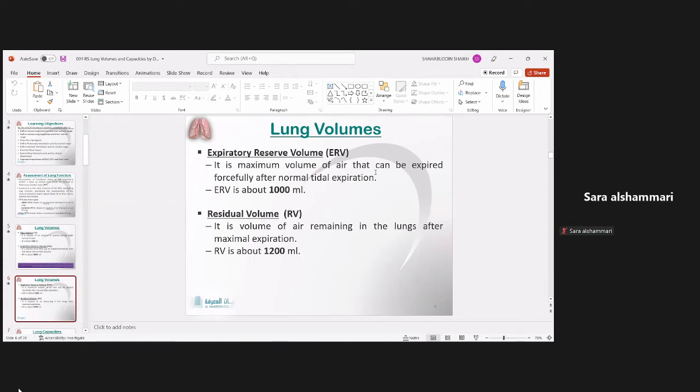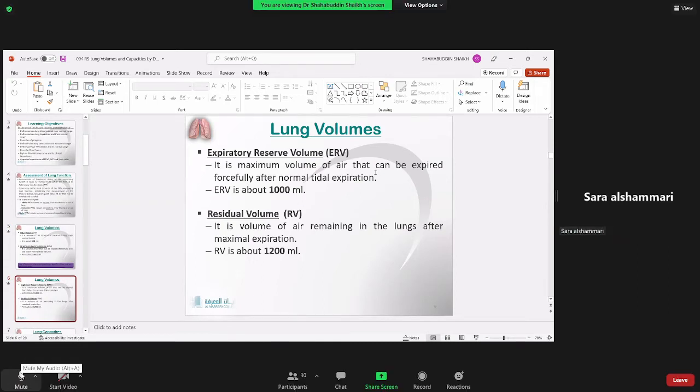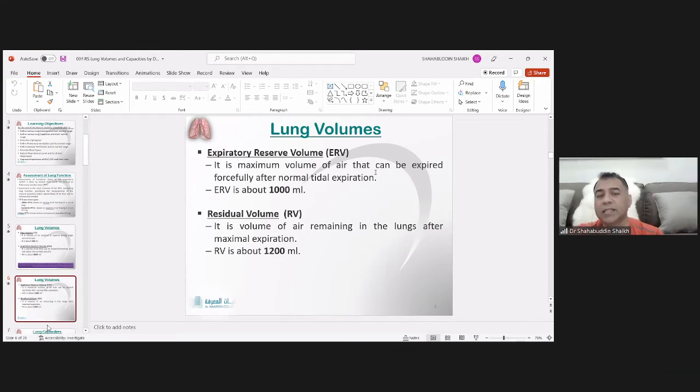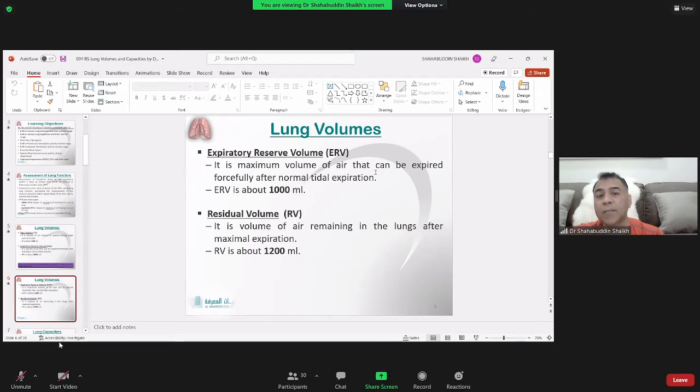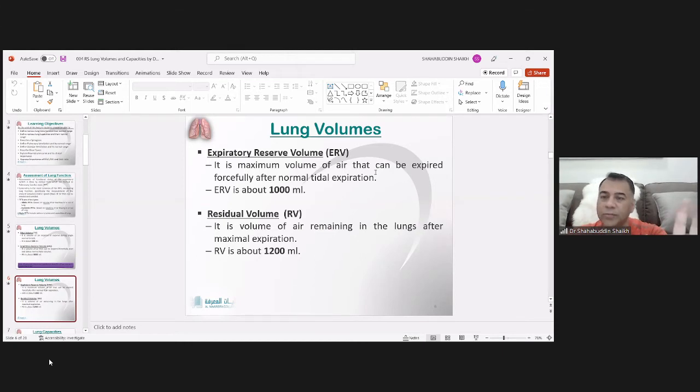What is residual volume? The amount of air remaining in the lung after maximal expiration is called residual volume. The amount of air remaining in the lung after normal expiration is called functional residual capacity. Remember, both sentences are the same, with one word of difference, therefore the answer changes.